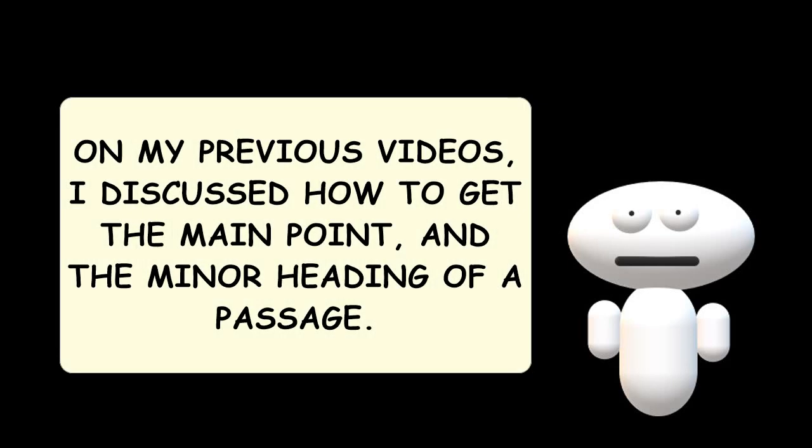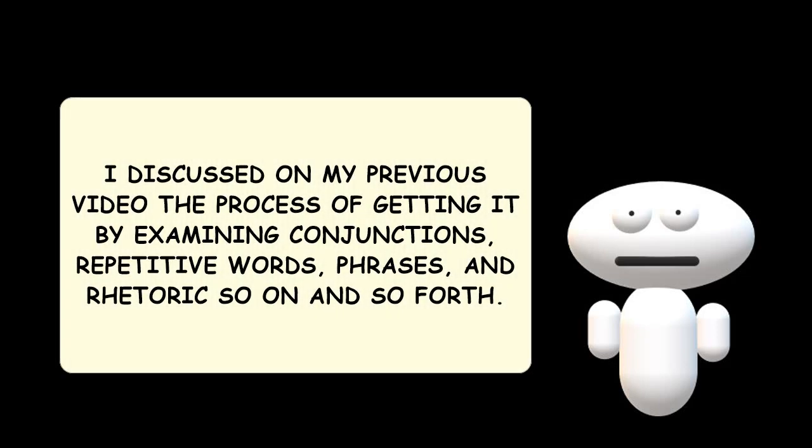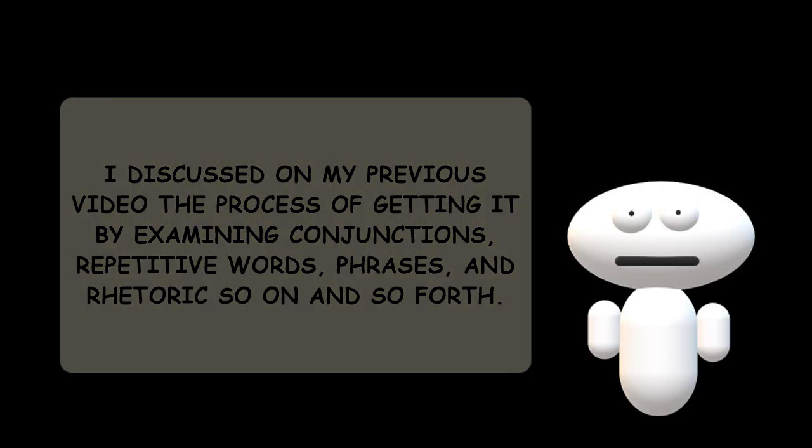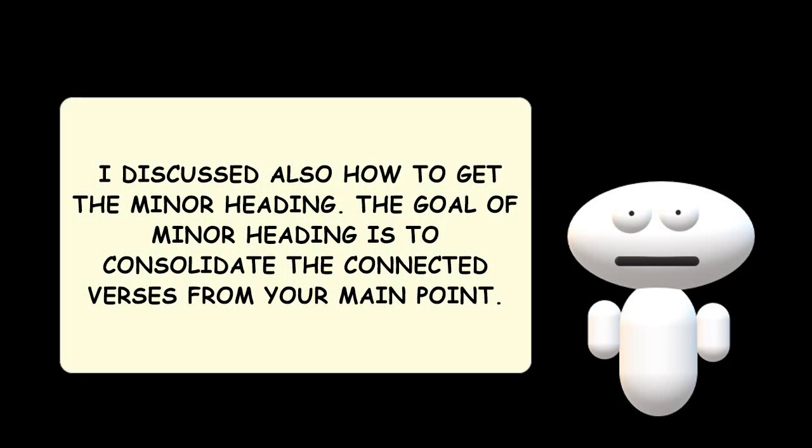In my previous videos, I discussed how to get the main point and the minor heading of a passage. I discussed the process of getting it by examining conjunctions, repetitive words, phrases, rhetoric, and so forth. I also discussed how to get the minor heading.